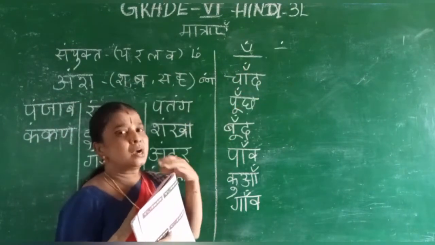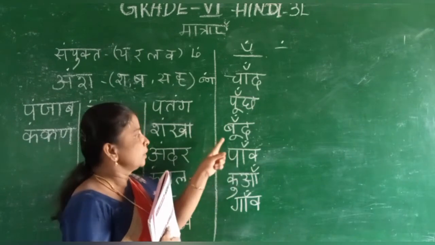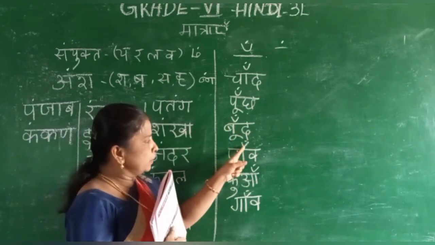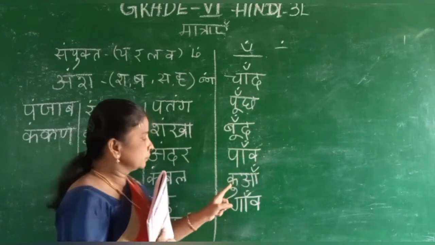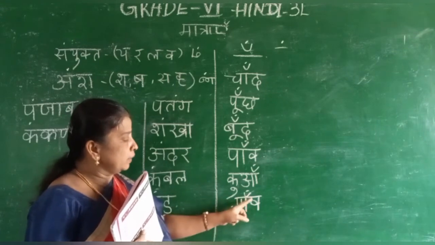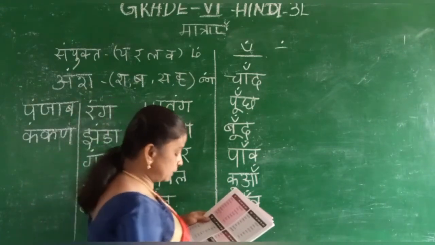Cha, in, da, chand. Pu, in, cha, poonch. Bu, in, da, boond. Pa, you, wa, pow. Ku, a, kuam. Ga, you, a, gaon. How to pronounce gaon? And next one.